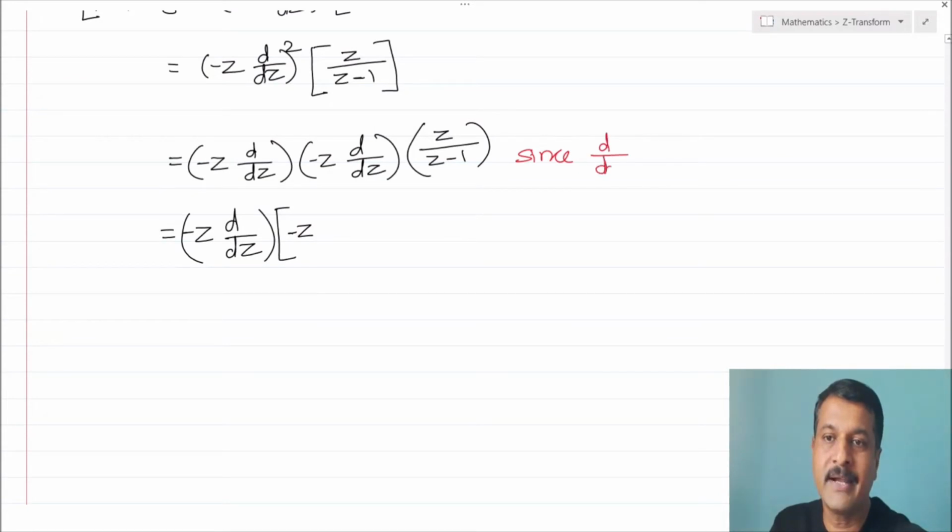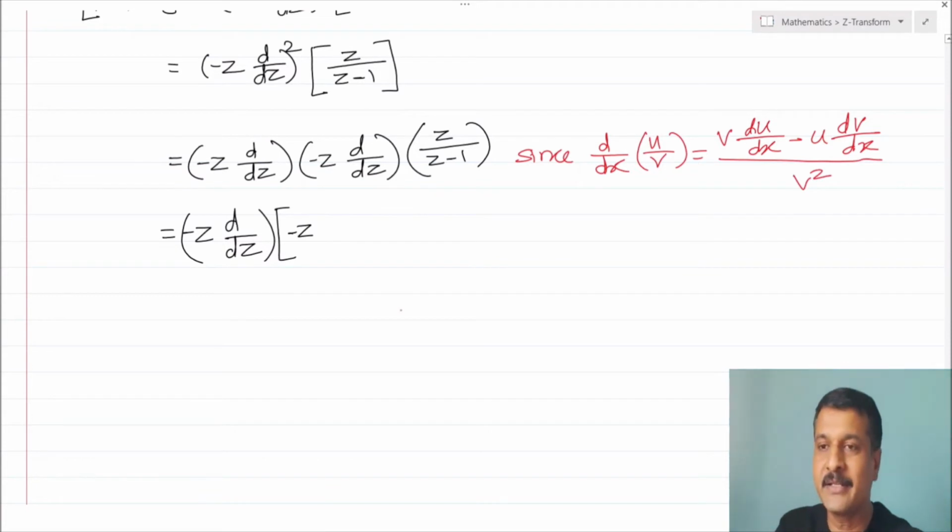Since by the u by v rule, d by dx of u by v is nothing but v into du by dx minus u into dv by dx upon v square, I am getting here minus z into z minus 1. So the derivative of z is 1, minus z into 1, whole divided by z minus 1 whole square.